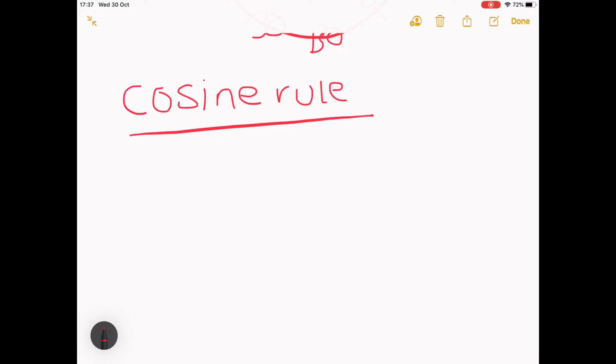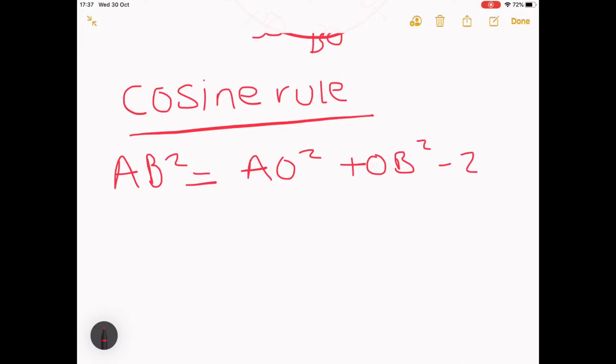So this rule is AB squared. So in this case, it would be AB squared equals AO squared plus OB squared minus 2 times AO times OB times cos of the angle.